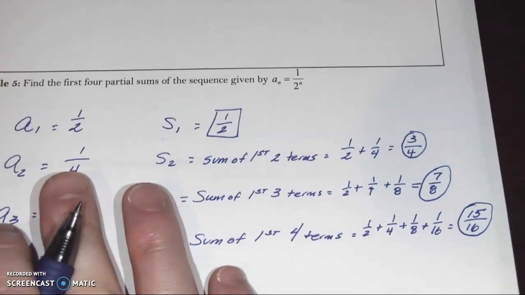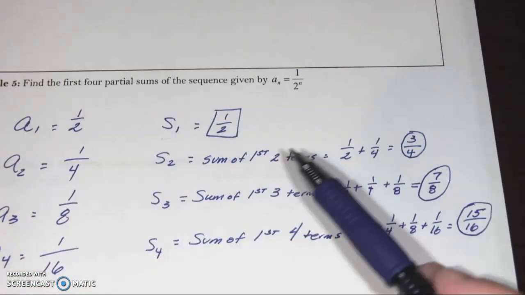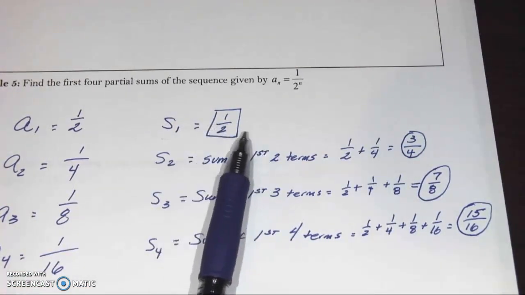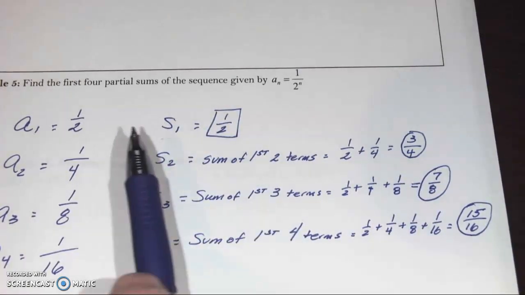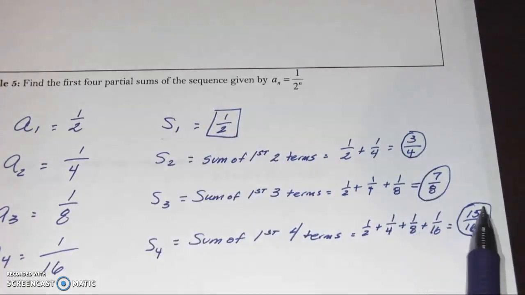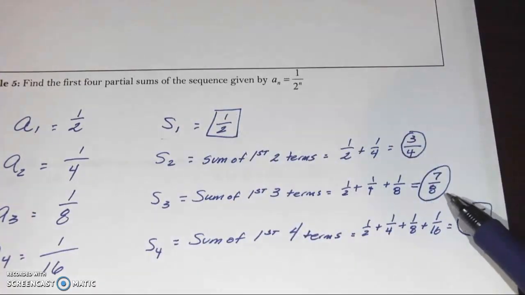Sometimes your math brains get into a pattern where we look at the partial sums. If you compare the sum of the first term, the first 2, the first 3, the first 4, you might notice that the numerator is always 1 less than the denominator.